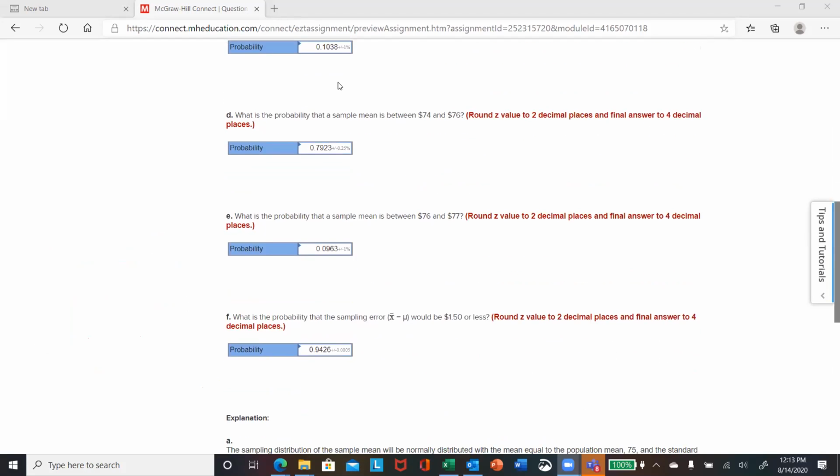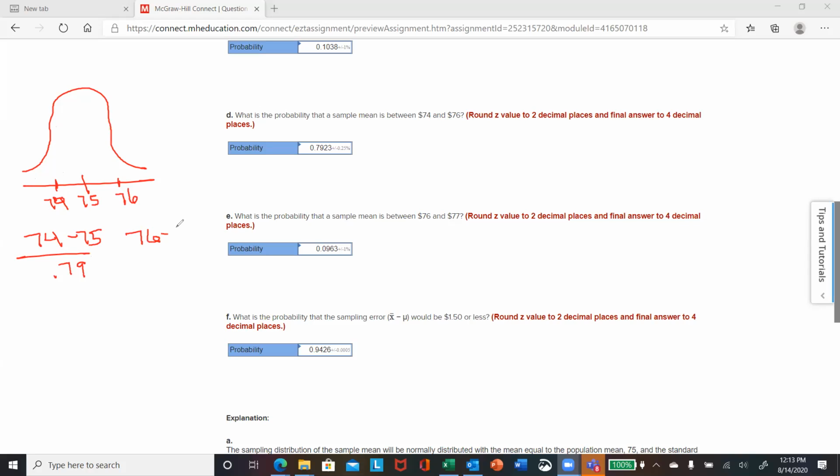And then the rest of these, I'll just highlight. I'll at least give you the visual, then you can work them out. Again, on D, same thing, you draw your curve. 75 is in the middle. Then you've got between 74 and 76. Again, you have to get the Z, so you have 74 minus 75, divide that by 0.79.